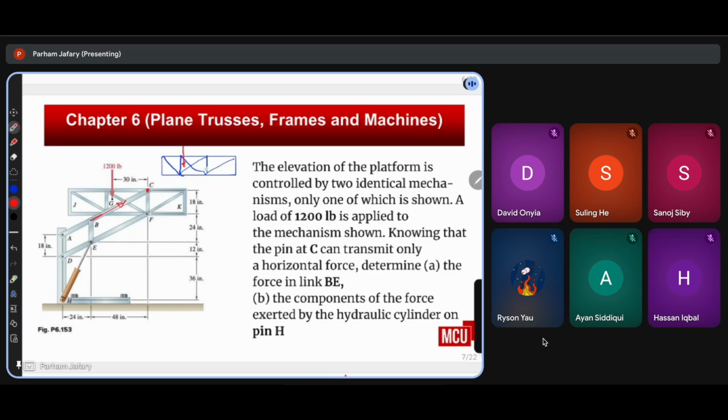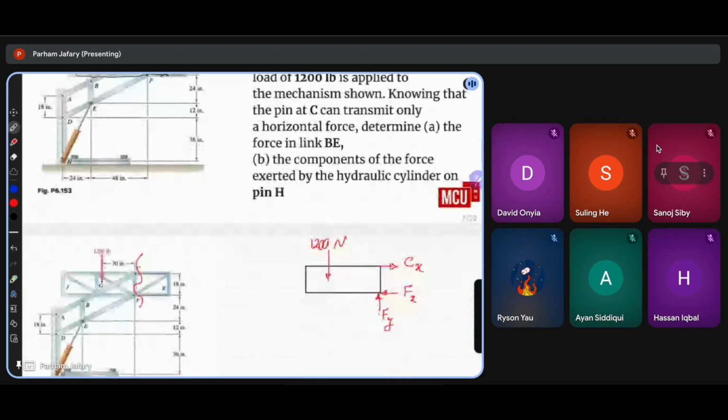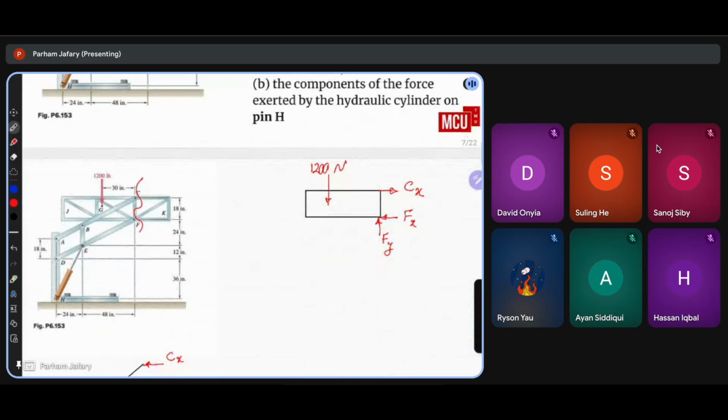So the best way to approach this is by isolating this part and having these forces. Okay? So by doing so, you will end up having something like this, and you want to solve for Cx, Fx, and Fy.